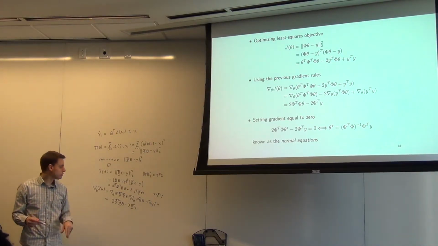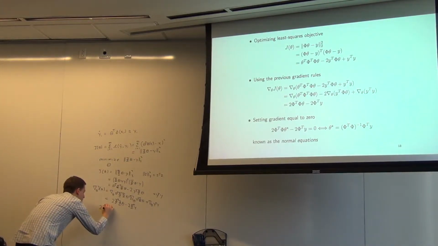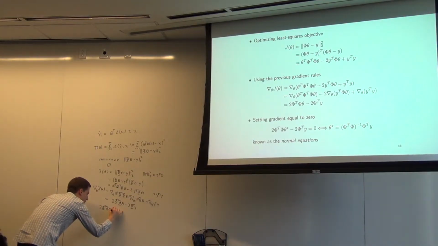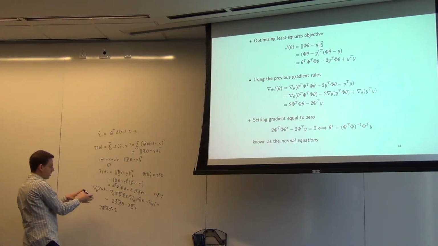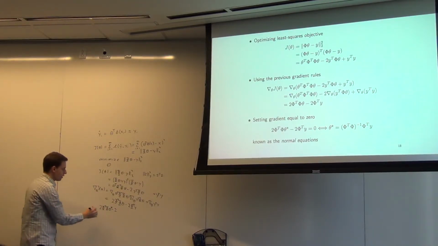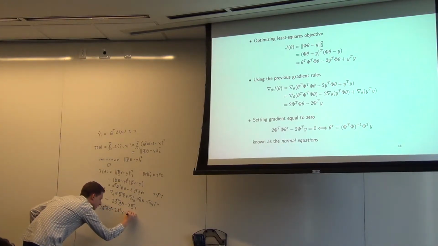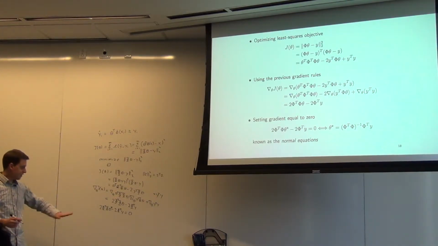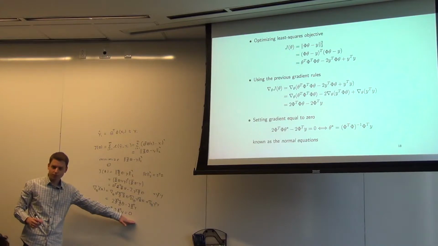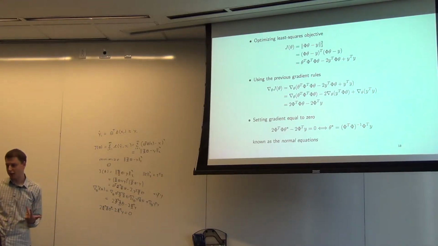So all we do is say, okay, well, 2 phi transpose phi times theta, minus 2, I'll actually write theta star here, because this is holding for the optimal theta, minus 2 phi transpose y equals 0. We are going to set this thing equal to 0, and now we solve for the theta that actually makes that equal to 0.